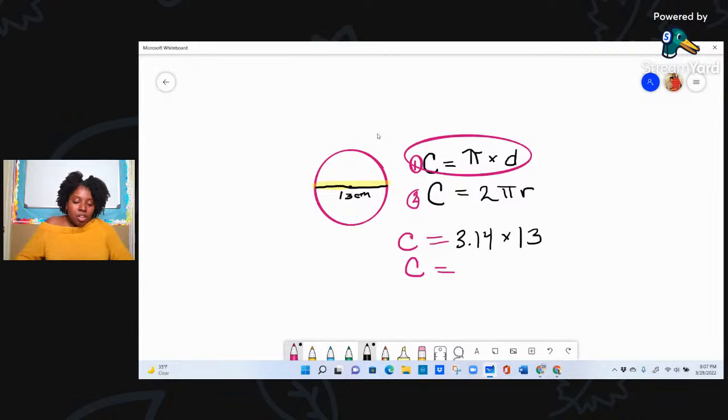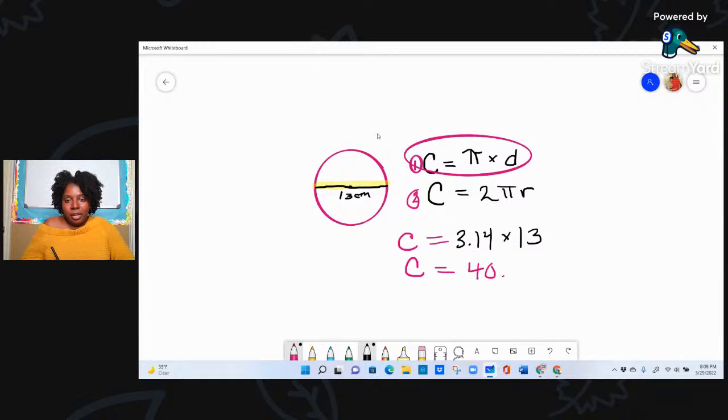We multiply. Most of the time with circumference questions, you just put them in the calculator. Most of the time, teachers don't care. They will let you use calculators for this. And it's 40.82. Okay? But hopefully you know how to multiply.